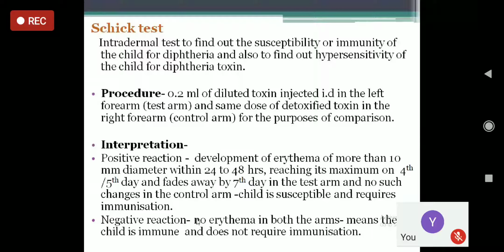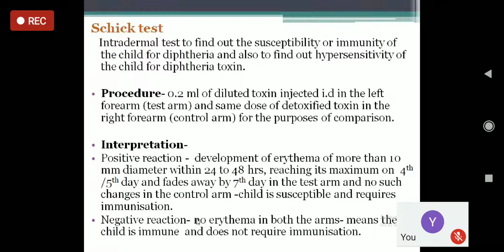Okay, so how is it done? First, you give 0.2 ml of diluted toxin. So this diphtheria toxin is diluted, and 0.2 ml is injected intradermally in the left forearm, and it is the test arm. Now, here you have injected the toxin, so it's the test arm.